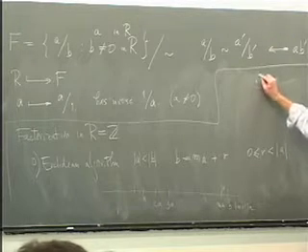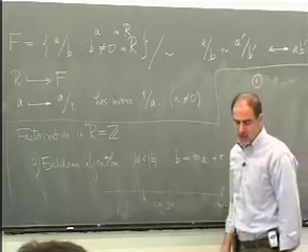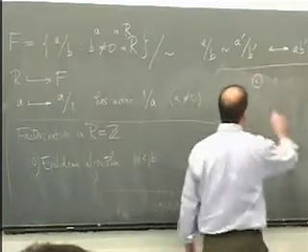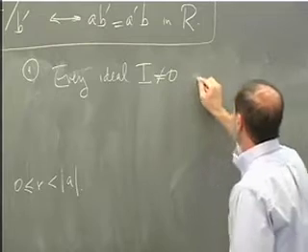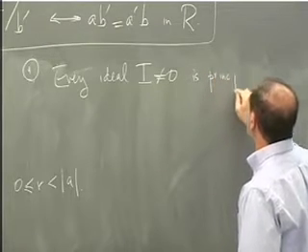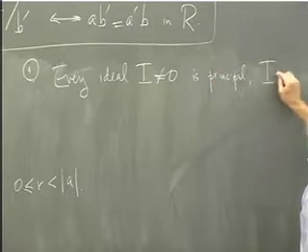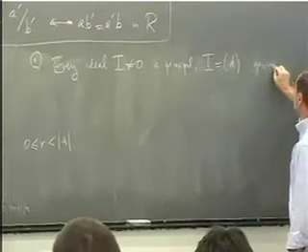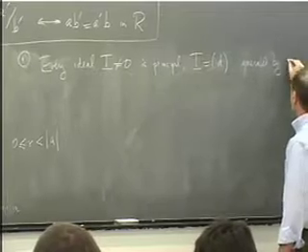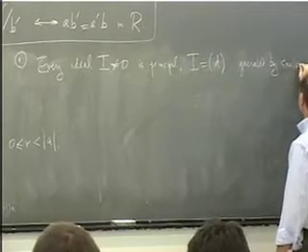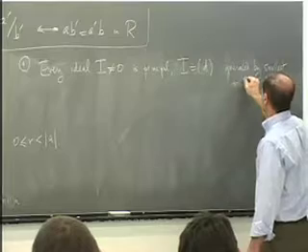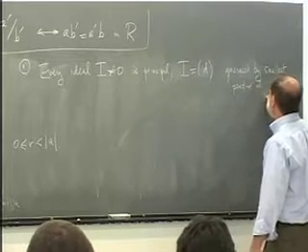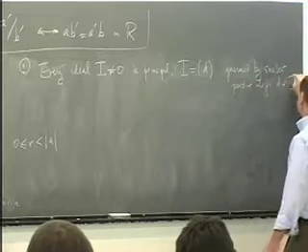And from the Euclidean algorithm, we deduced a number of consequences for the integers. The first one was every ideal I, say not equal to 0, is principal, generated by the smallest positive integer d which is in it.